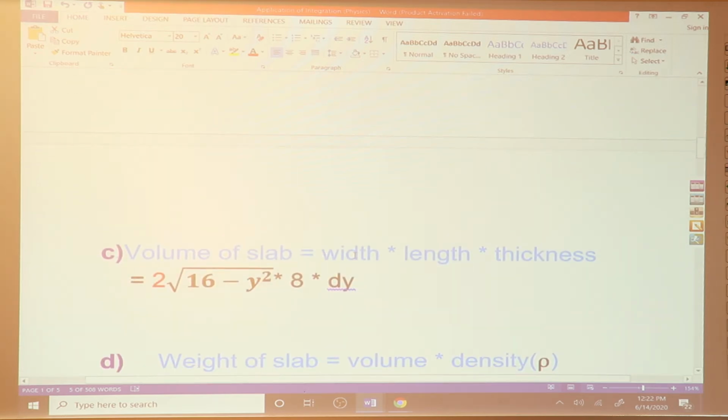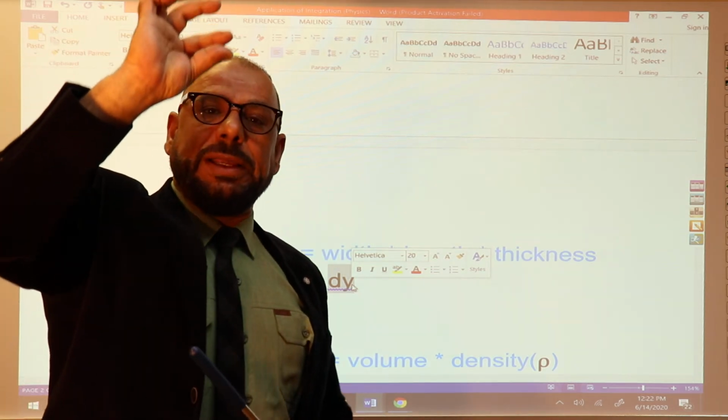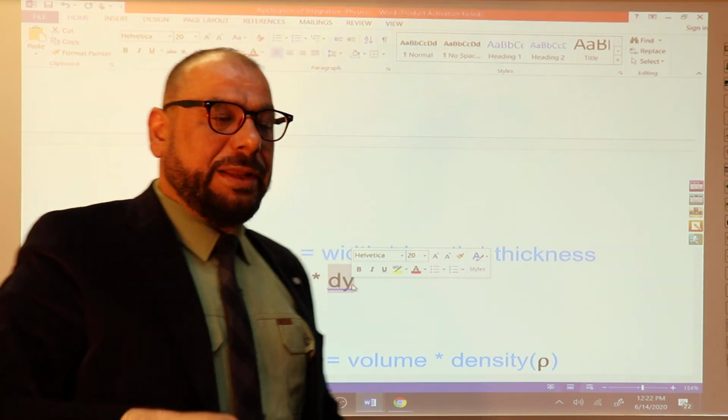The volume of the slab is width, length, and thickness. 2 times the square root of 16 minus y squared is the width. The length is 8. Now the thickness, I change it to dy because I'm going to take small pieces, dy, dy, dy, till I finish pumping all the tank.